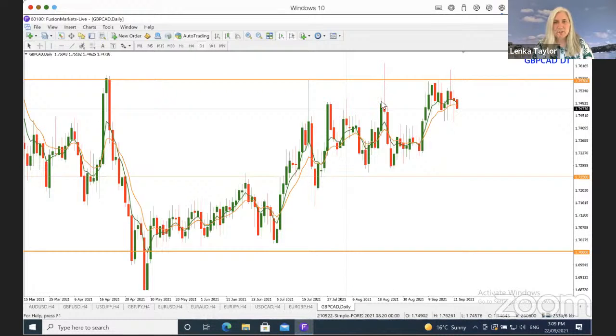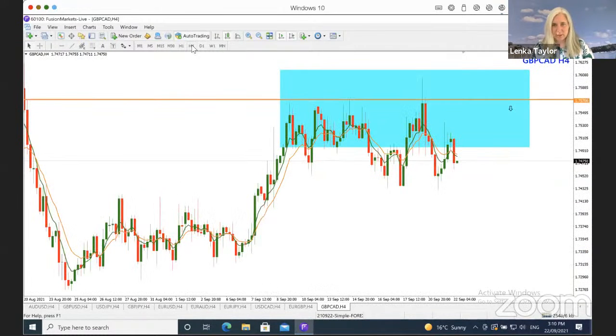We already had a rejection there and also there, so definitely looking for short here. In terms of the setup for the entry on the 4-hour chart, I'm looking for some price action that's closer to the top of the range. Otherwise, a break of these lows and then come back for a retest.